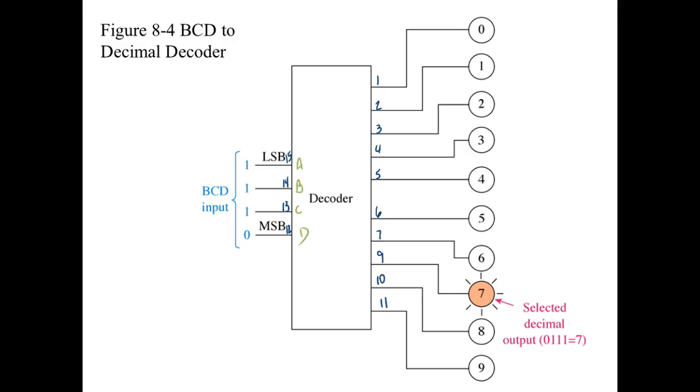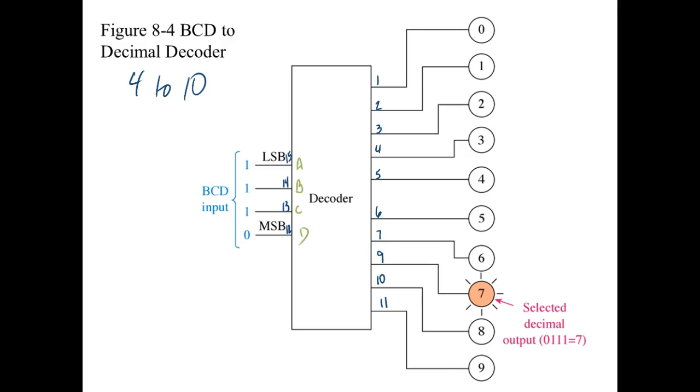So this is a 7442. It's an 8 to 4. It's called a 4 to 10 decoder. It's also called a BCD to decimal decoder. Those two terms are used interchangeably. Some data sheets call it a 4 to 10, some call it a BCD to decimal.